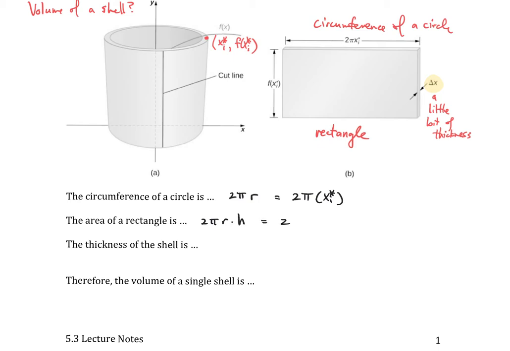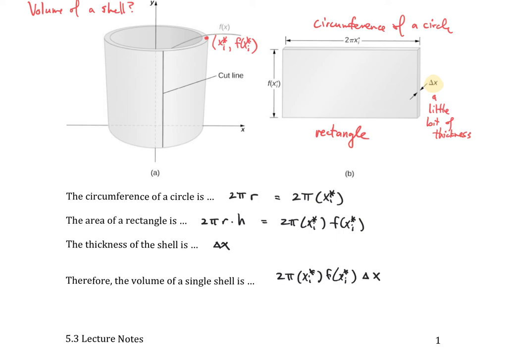So that's going to be equal to 2 pi xi star times f of xi star. Okay. The thickness of the shell is going to be given by delta x, as we highlighted up here. So when I put all of this together, we get that the volume of a single shell is going to be 2 pi times xi star times f of xi star times delta x.